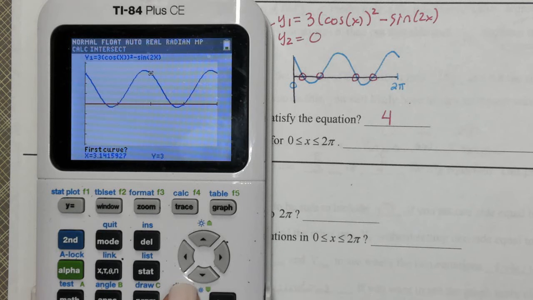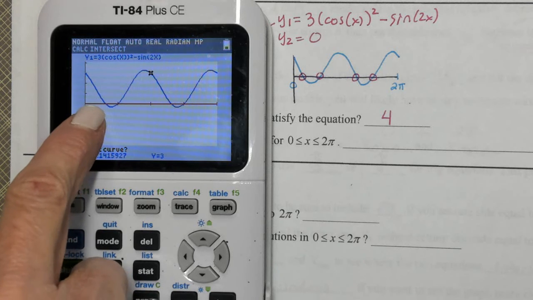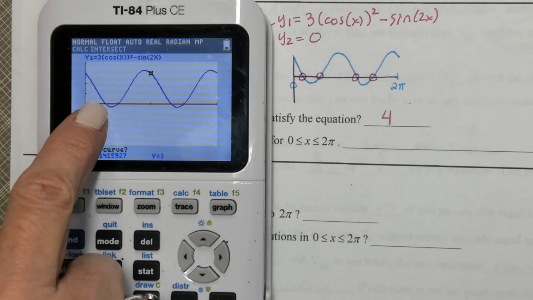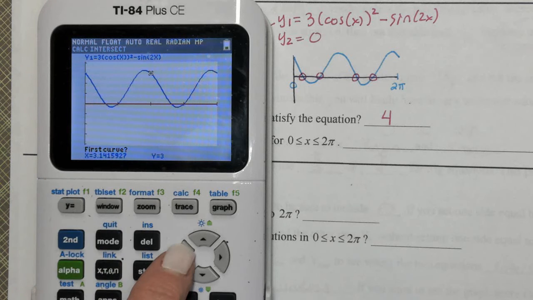I see it always puts you right in the center x value, but I'm going to come over here and get this one first. I like to get the lowest one first. I could move it along that curve, or you can go down arrow to jump to the other graph, the other equation, and it'll get you there a little bit faster. Enter, enter, enter.